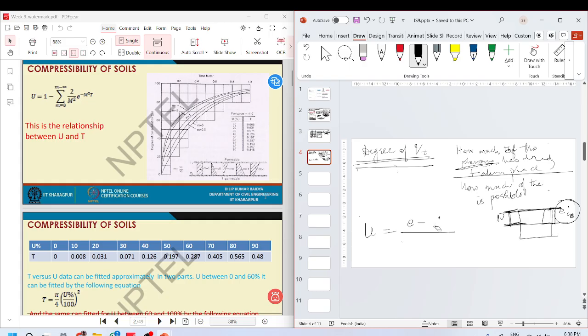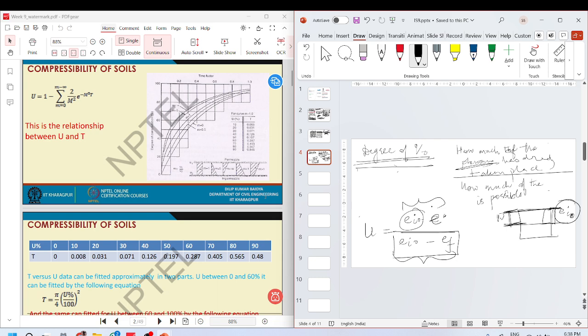It is (e_i minus e) over (e_i minus e_naught), the total void ratio change that you will see in the system, where e is the present void ratio. So it is how much consolidation has taken place over how much consolidation can take place.